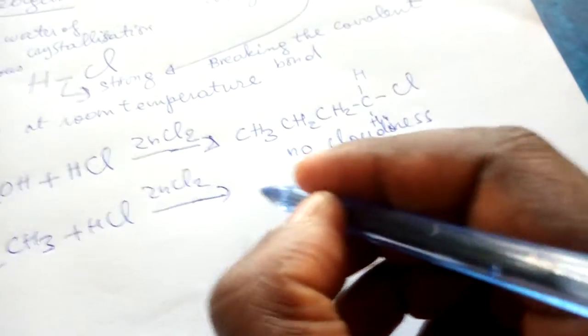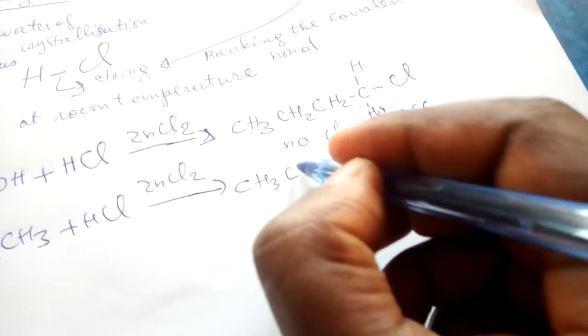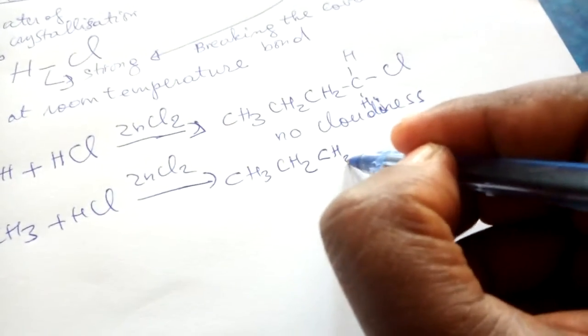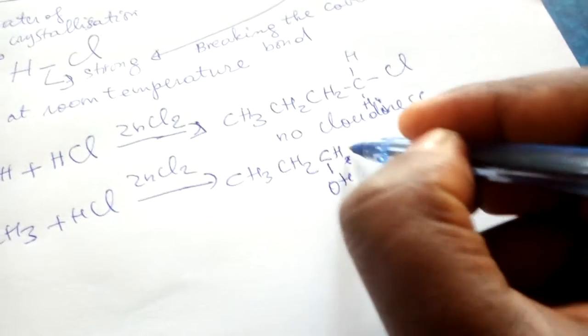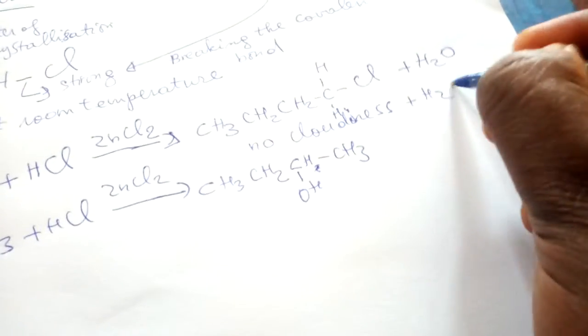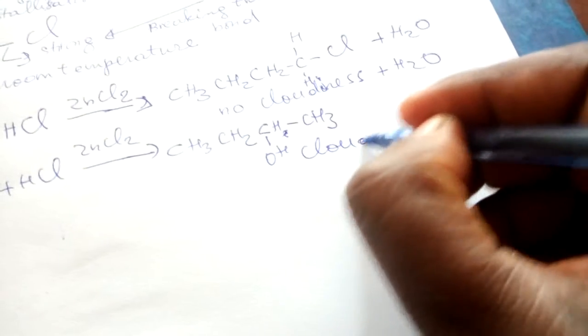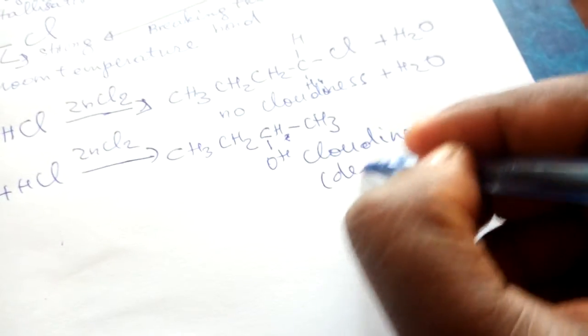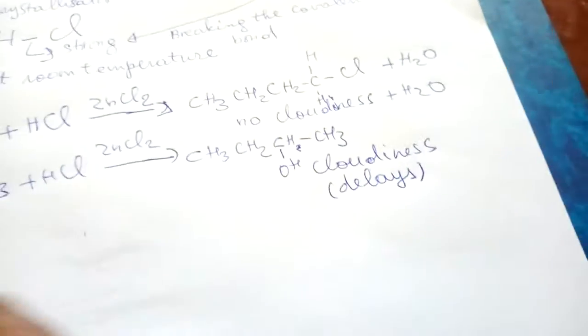It is not very easy, but it is broken, and the amount is enough to give cloudiness. Here we have OH, here we have CH3. Don't forget that here there is water, and here there is water, but here there is cloudiness, but this cloudiness is delayed in being observed.